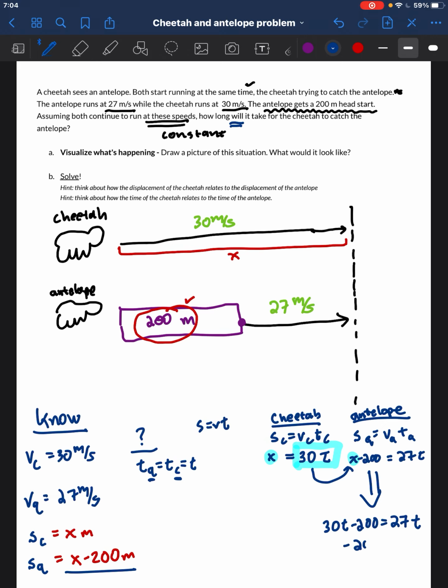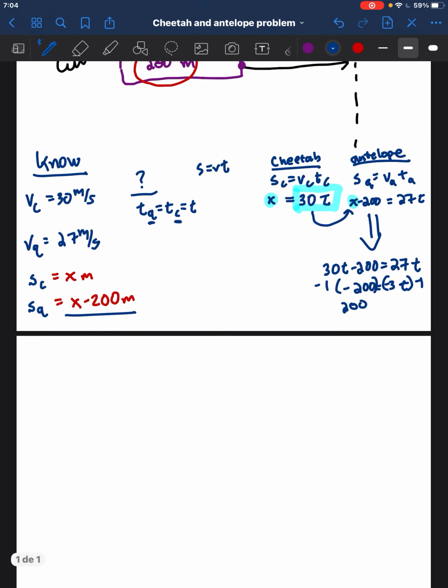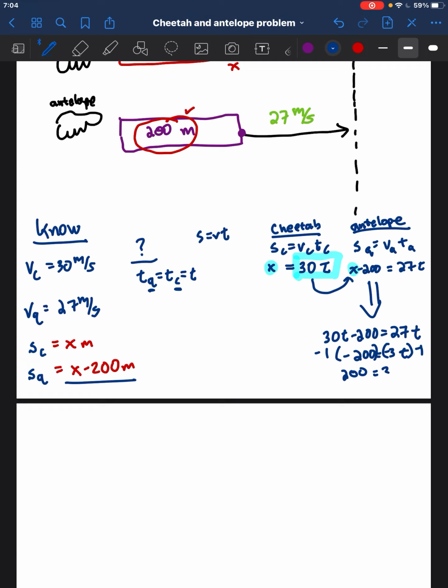All right, negative 200 equals negative 3t. That's a little silly. Let's multiply both sides by negative 1, so we end up with some positives. We don't get any negative time. 200 equals 3t. I divide both sides by 3 to isolate the t. My t is equal to, let me go ahead and throw that in my calculator, 200 divided by 3.